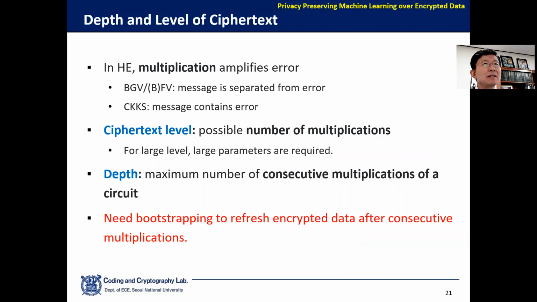It is the possible number of multiplications. For a large level, large parameters are required. And depth is the maximum number of consecutive multiplications of a circuit. So we need bootstrapping to refresh the encrypted data after consecutive multiplications.